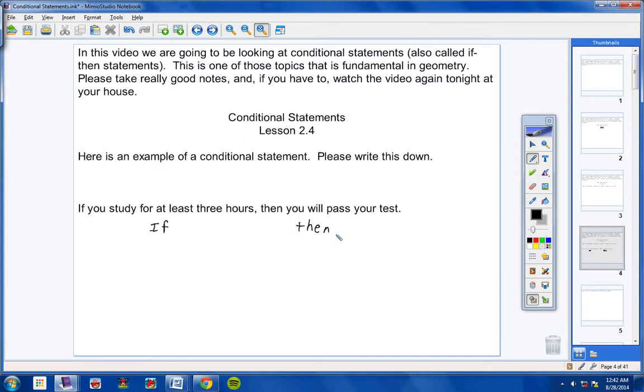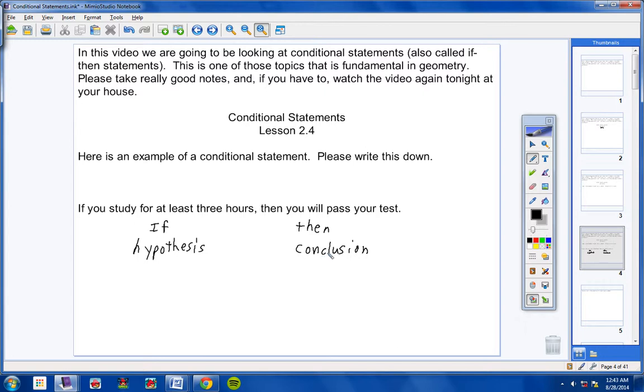There are other words that you need to know. The if part is also called the hypothesis, and the then part is called the conclusion.